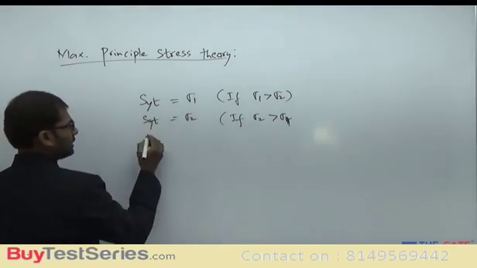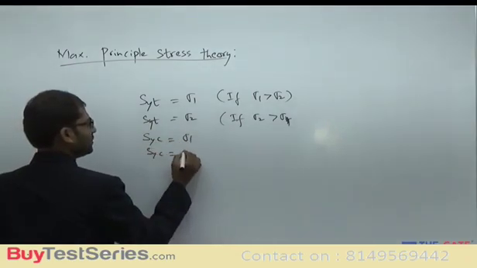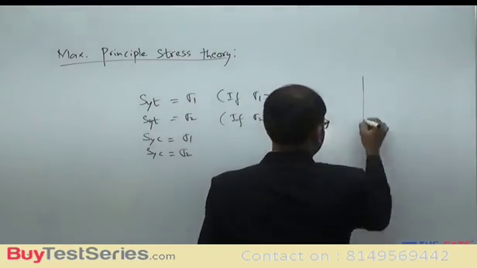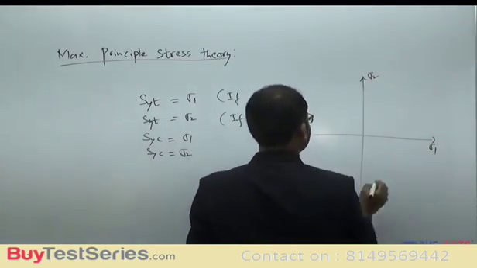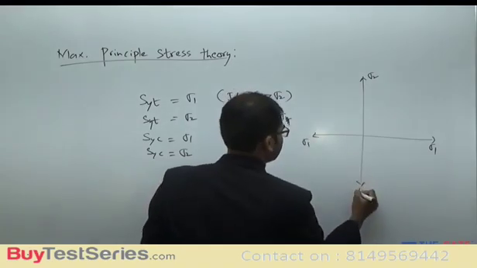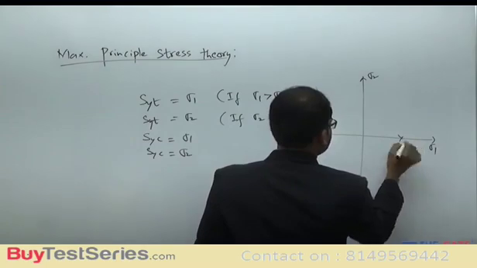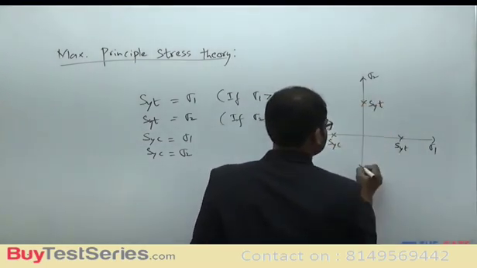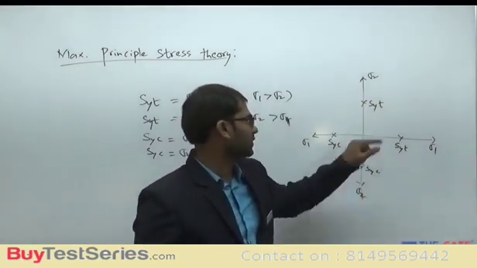Now if you take compressive loads, SYC is equal to sigma 1, SYC is equal to sigma 2. Now, you draw these 4 lines on a graph having sigma 1 and sigma 2. You take this one as SYT, SYC, SYT and SYC values, because anyways you know the magnitude of these SYT and SYC values here.